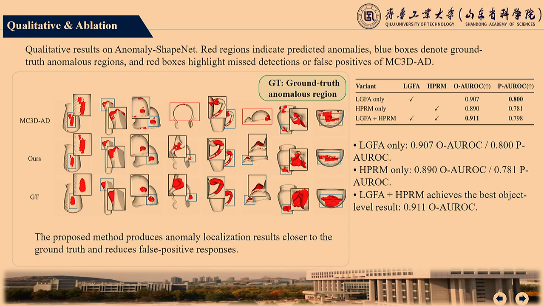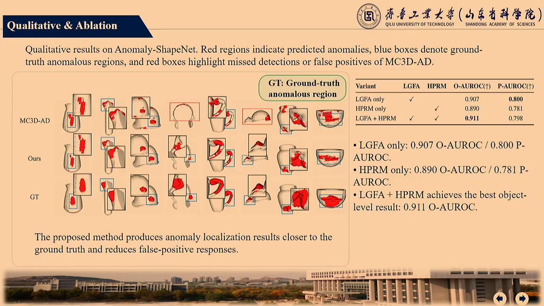When only HPRM is used, the model achieves an object-level AUROC of 0.890 and a point-level AUROC of 0.791. When LGFA and HPRM are used together, the model achieves the best object-level results with an O-AUROC of 0.911.